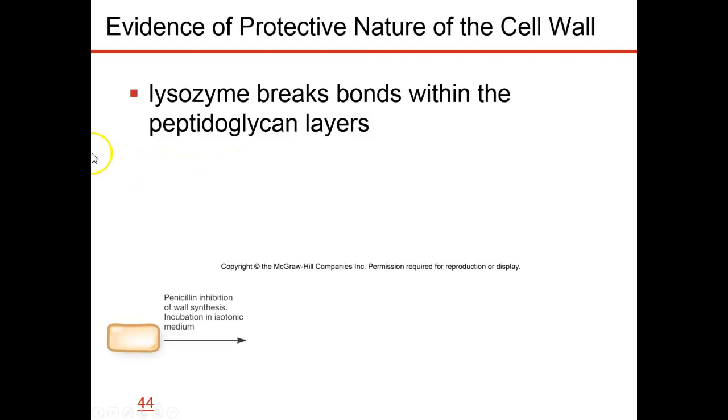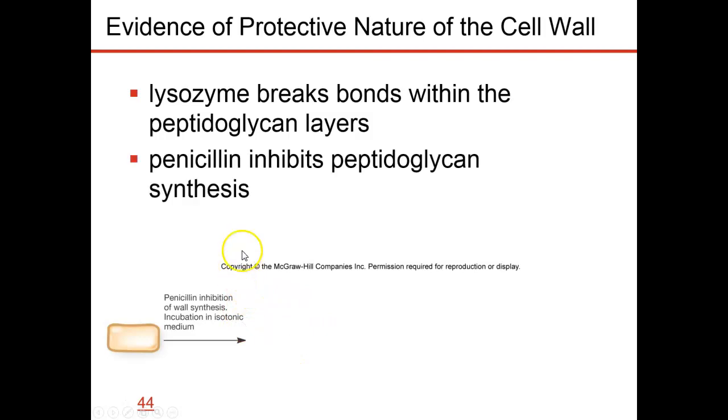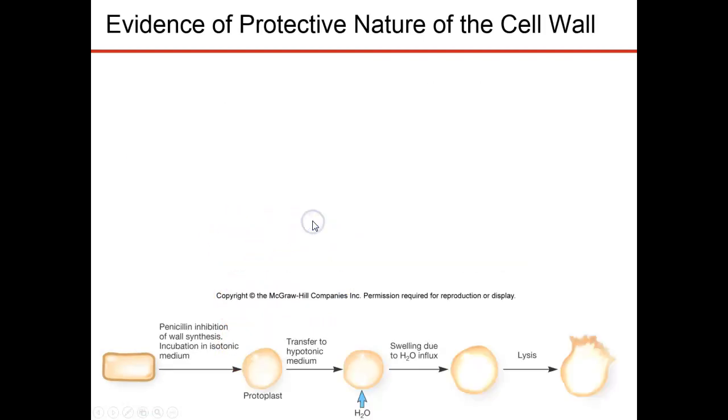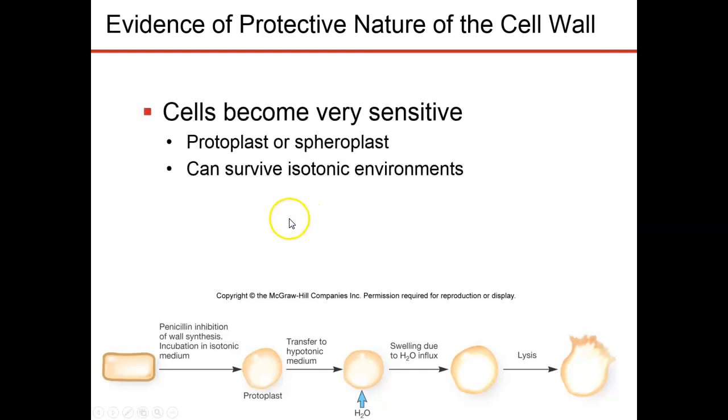Penicillin inhibits the production of those layers, and so there's no cell wall produced. And so what happens then, and that's what I just said here. So what happens then, there we go, the cells become very sensitive to the solution in the environment.